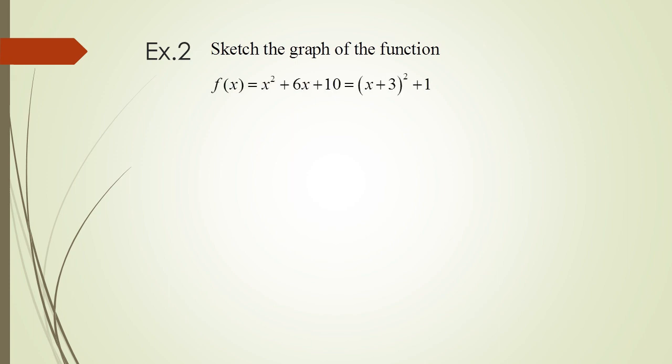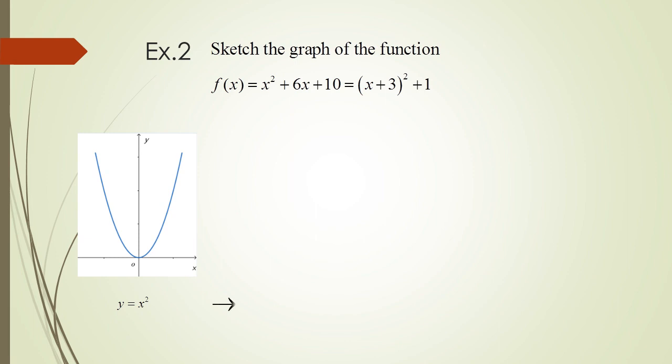Why should we rewrite the function in this way? Then we can start from the old function y equals x squared. Then we come to x plus 3 squared. We recognize this is f of x plus 3 in the parentheses, which means shifting 3 units to the left, right? Shifting the curve 3 units to the left. So the coordinate becomes minus 3, 0.